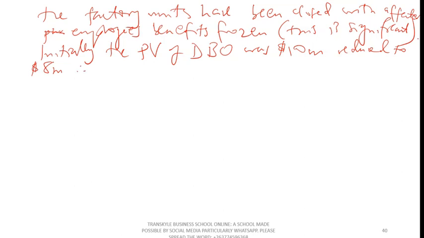Therefore, in the exam we don't have to put those dots, we just have to write the full word therefore. We debit the DBO with the difference, that is 2 million, and credit the profit or loss or retained earnings as a gain, 2 million.